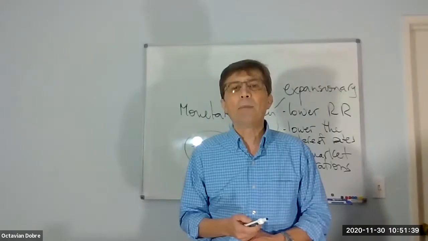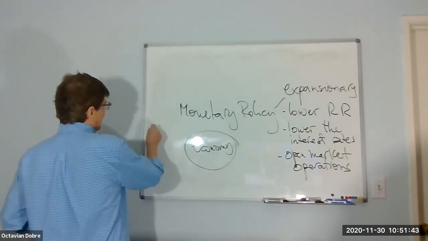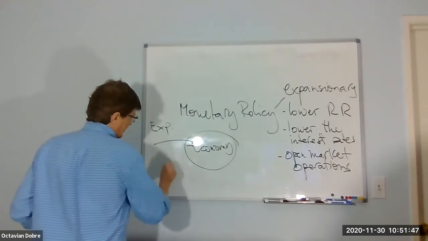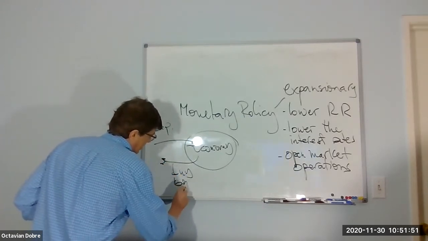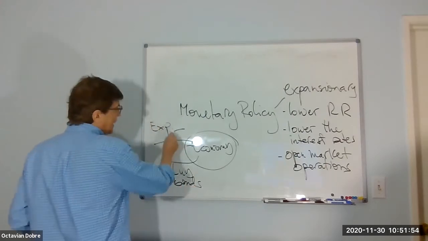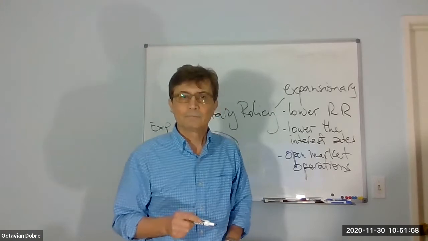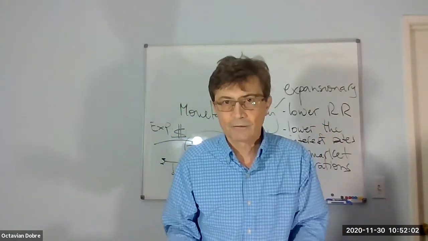Buy, exactly. They will buy bonds on the open market. So with expansionary monetary policy, they buy bonds and dollars are going into the economy. And hopefully those dollars will be put to work.